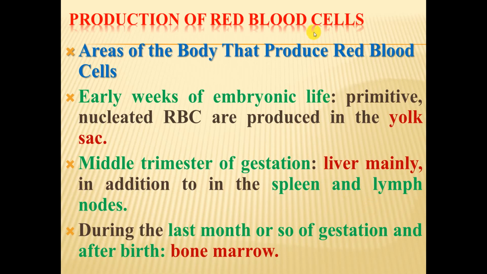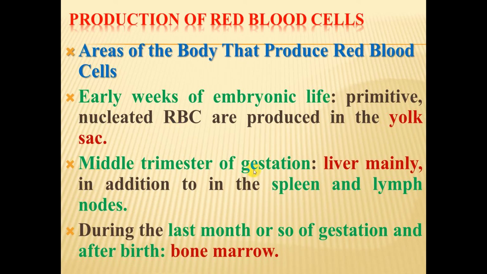Production of RBC. What are the areas of the body that produce RBC? In early weeks of embryonic life, primitive nucleated red blood cells, راح تكون حاوية على nucleus, are produced in the yolk sac.